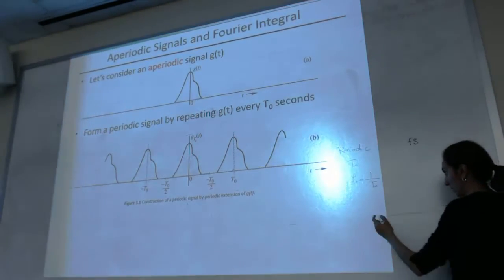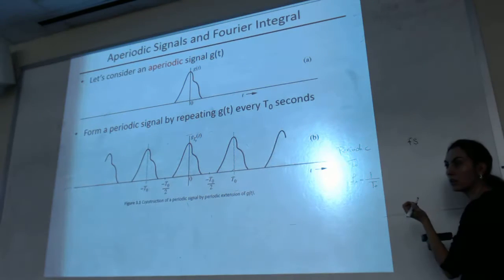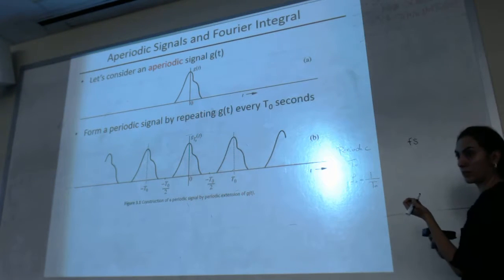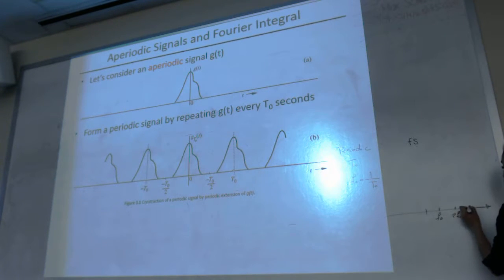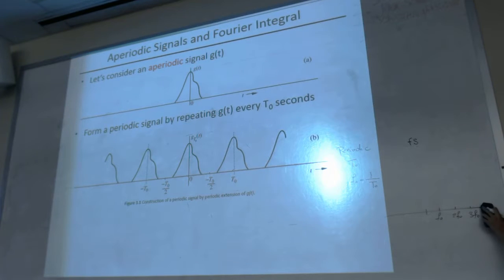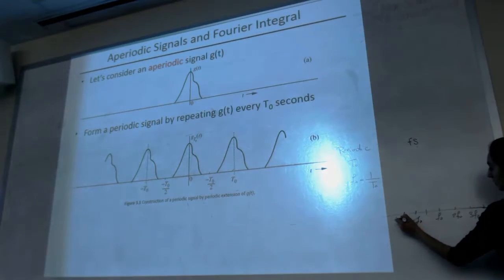Multiples of F naught, yeah, good. So I will have F naught, 2 F naught, 3 F naught. We call them harmonics, right? And also the negative ones.